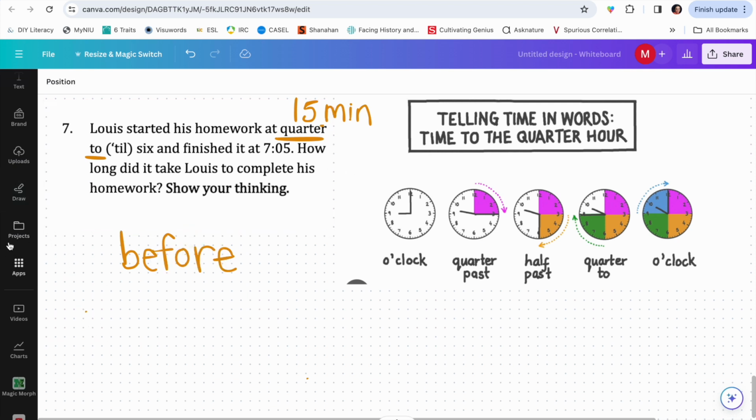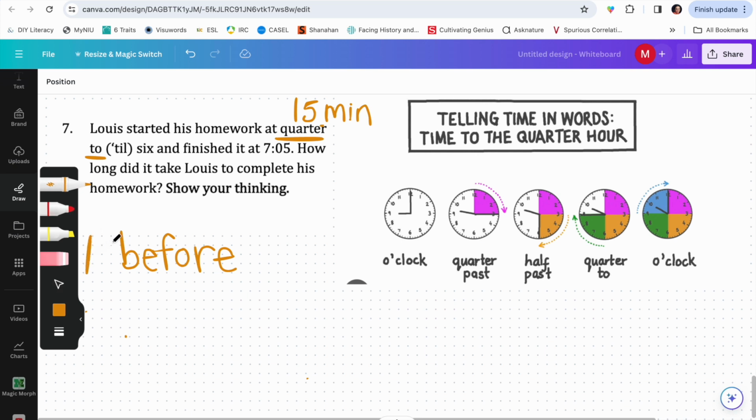We have to do a little bit of translating in these. I think that's why we really need to take our time. So this really means 15 minutes before 6.